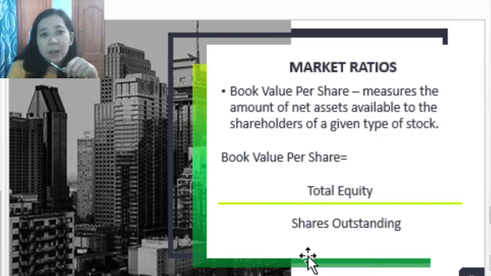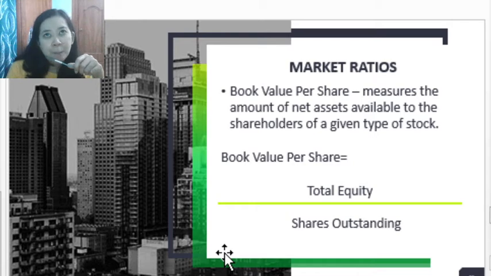Depending on the data, you can also extract the number of shares outstanding from the capital stock of the entity, coming from the balance sheet. So total equity divided by shares outstanding. Basically, this indicates the value of your shares in terms of the amount being recorded in the company, based on the historical data from the financial statements.